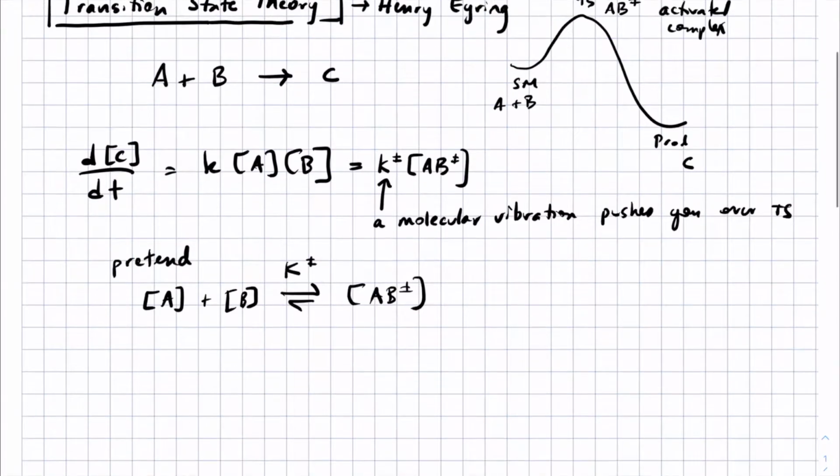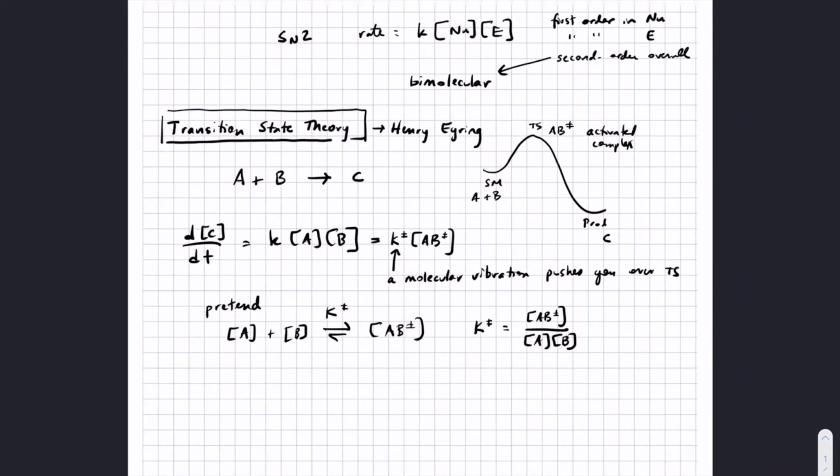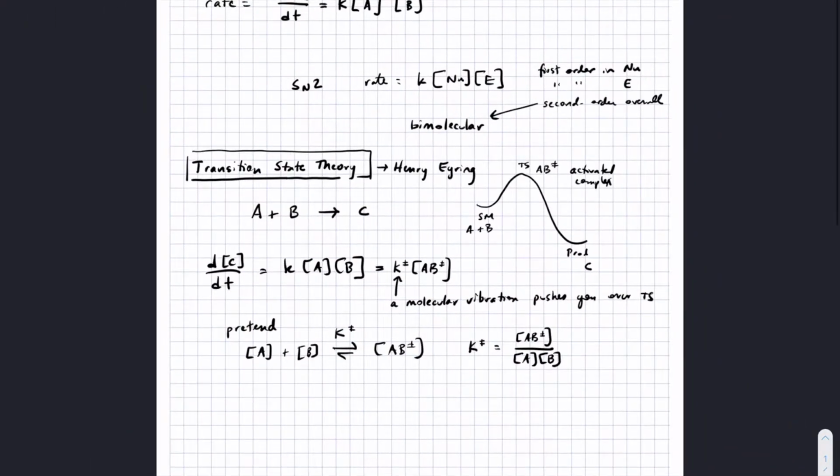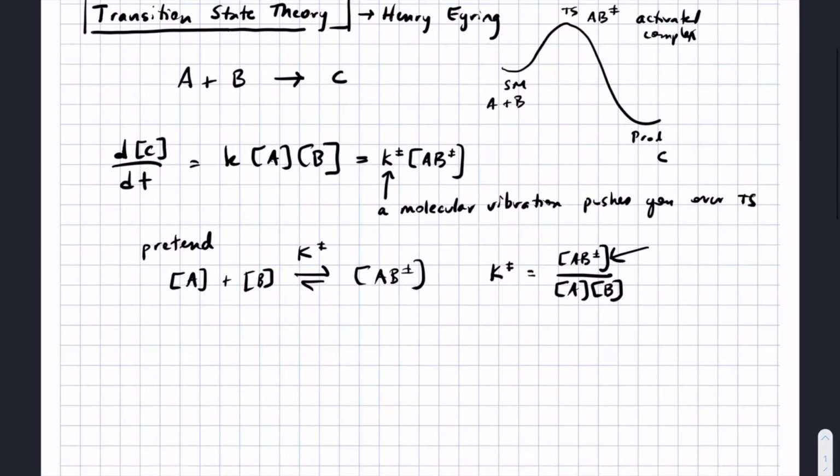Nevertheless, Eyring postulated that if you wrote this sort of equilibrium constant between the starting materials and the activated complex, then you could substitute, you could find an expression for the activated complex that would look like this.